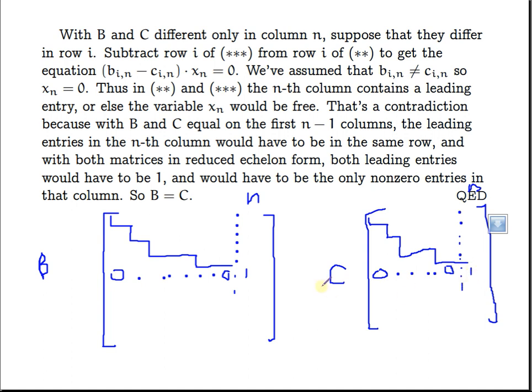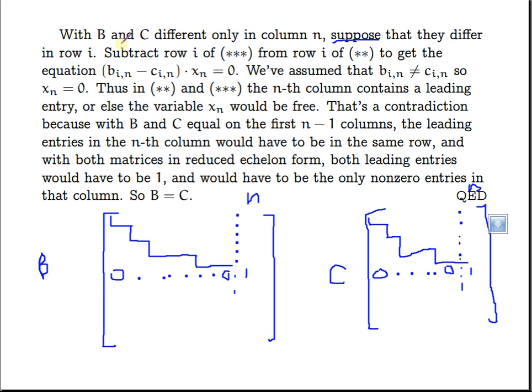So what have I shown? I've shown that this entry of B must be equal to this entry of C. But up here I've assumed that they're not equal. That gives me a contradiction. So what am I contradicting? I contradict my supposition. Whenever you have a proof by contradiction and you come up with a contradiction, look at what you've supposed. And what you've supposed must not be true. I supposed that they differ in row i.